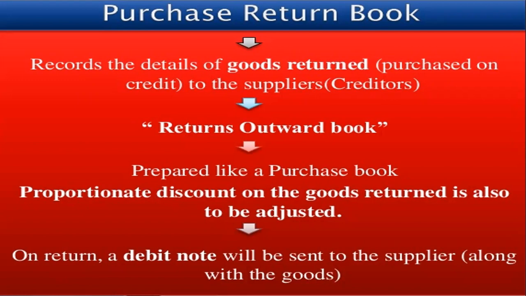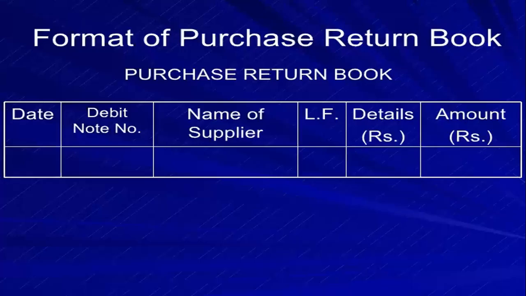This book is also termed as the return outward book. And one evidence should also be kept along with the purchase return. That means we will deduct the amount of purchase returns from the amount payable.